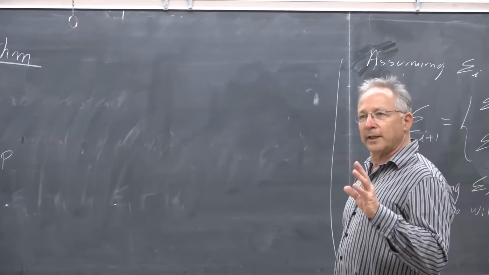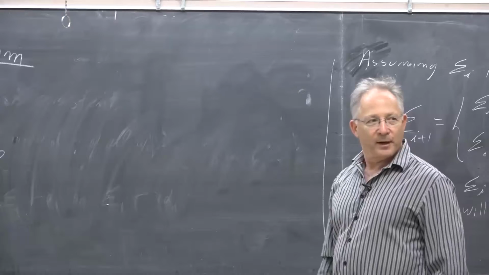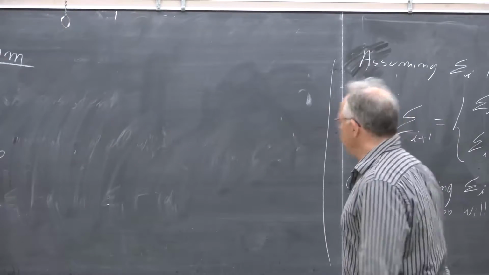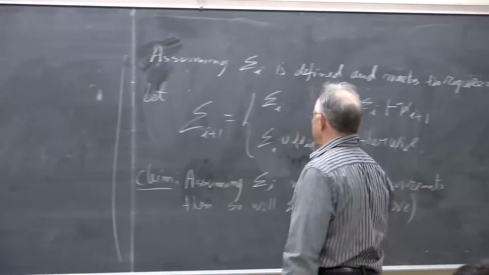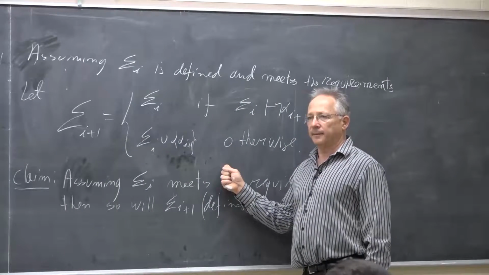Okay, so now the logic here is a little bit kind of, we are doing a lot of rounds. So why did we need this side claim? Because this side claim guarantees that sigma I plus 1 is consistent.